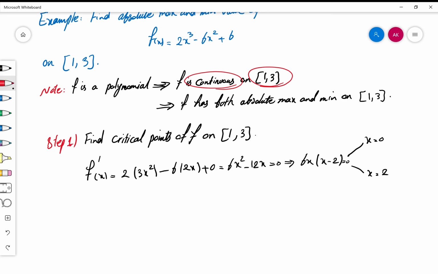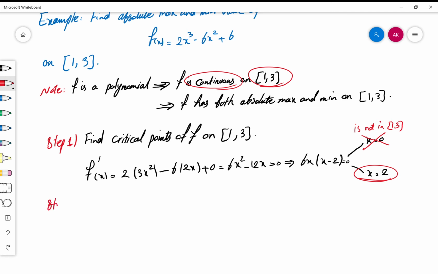Well, f has two critical points, but one of these critical points is not in the interval we are studying. So we will ignore that completely and we will take only this value to the second step.